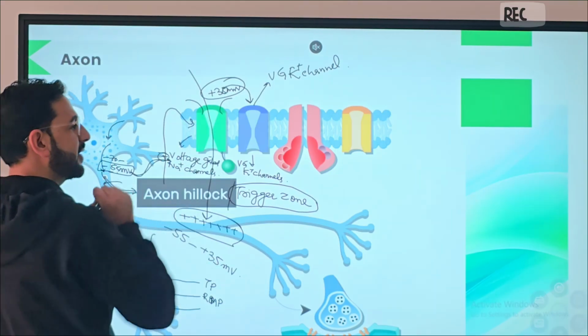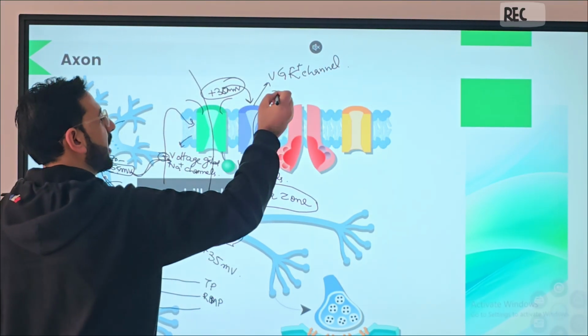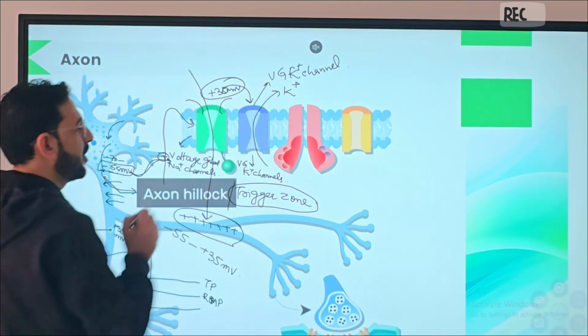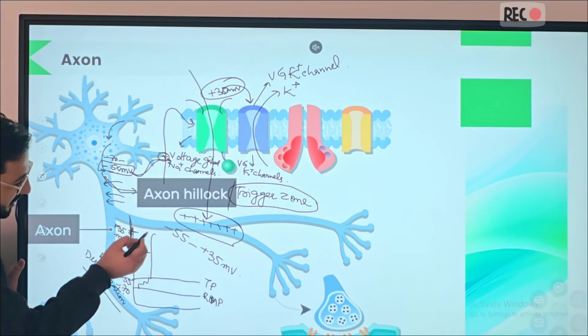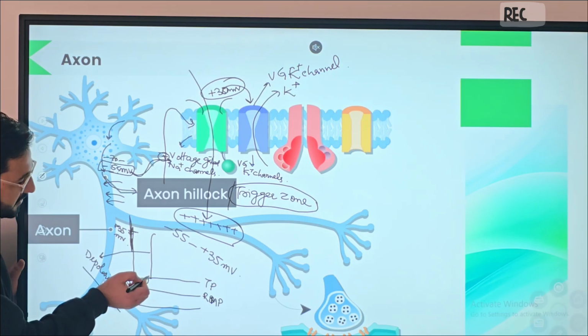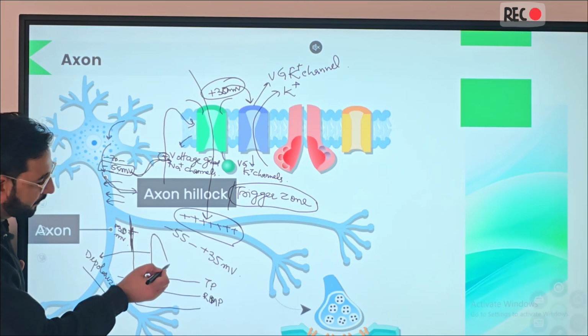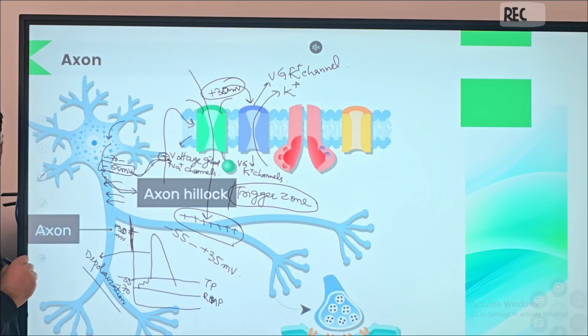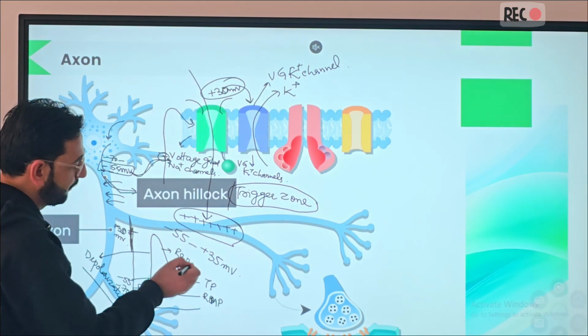The voltage gated potassium channel will open, and it will lead to the efflux of potassium from inside to outside. What will happen? This depolarization wave reached from -55 to +30 millivolts. Now it will come down, and this wave is called the wave of repolarization.